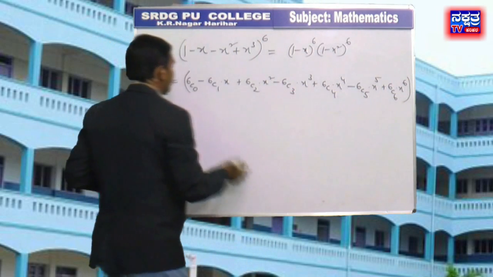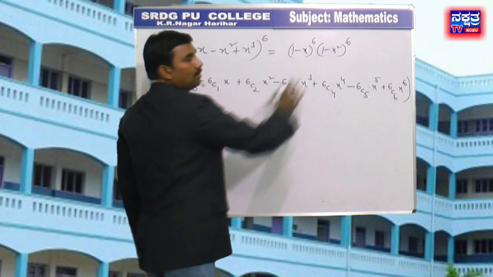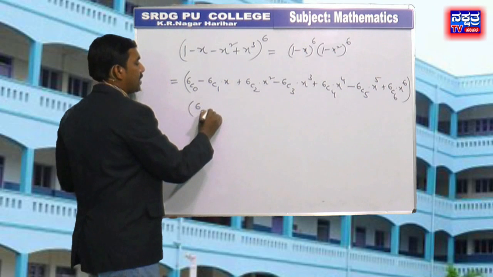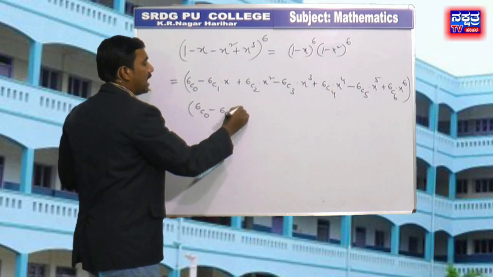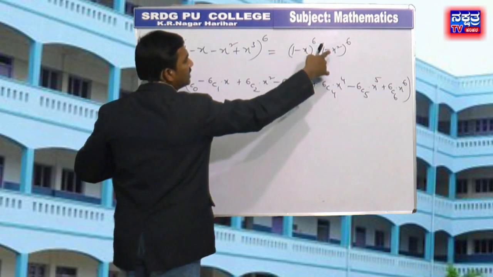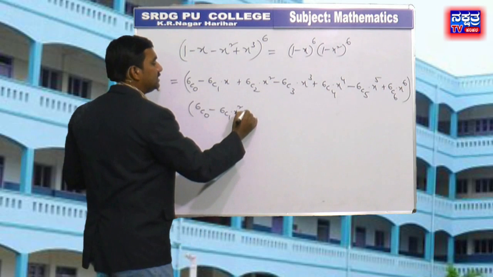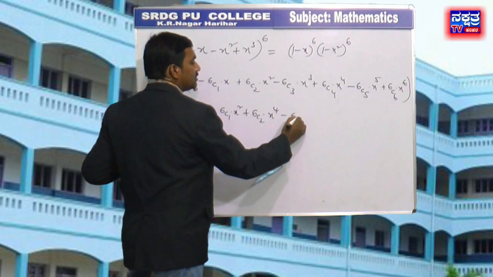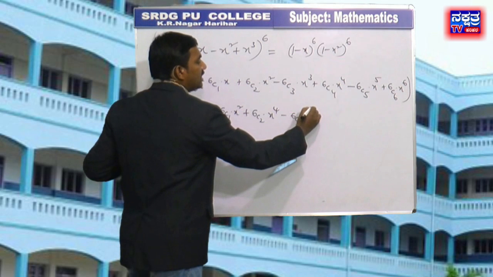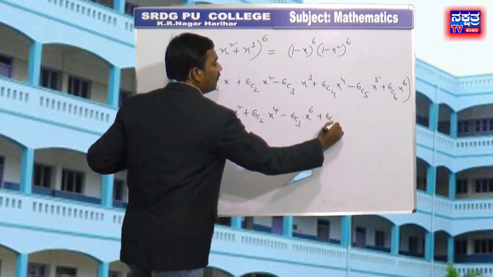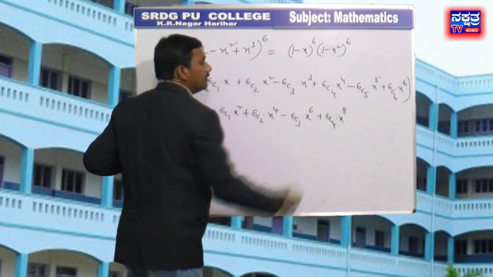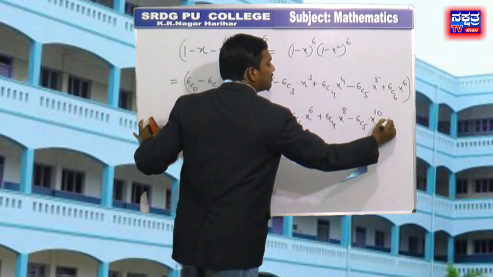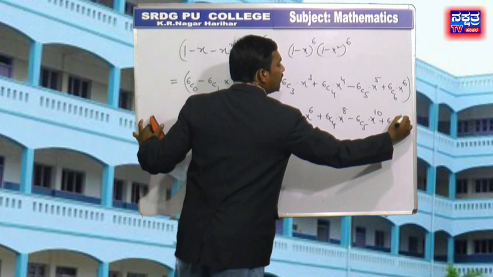Now that is into (1 minus x square) whole power 6, that is 6c0 minus 6c1 into x square. In place of x we have x square. Then here it will change as 6c2 into x power 4 minus 6c3 into x power 6 plus 6c4 into x power 8 minus 6c5 into x power 10 plus 6c6 into x power 12.